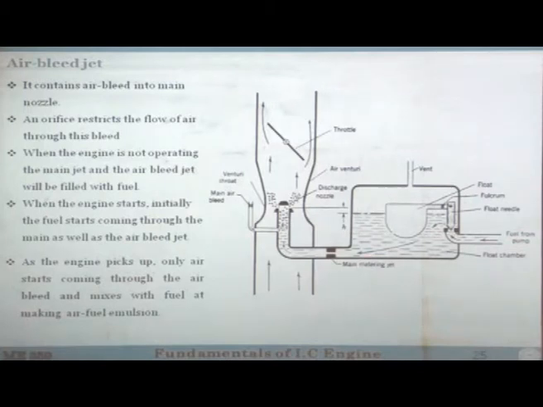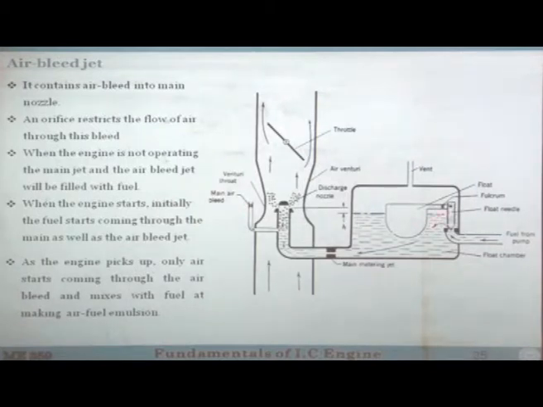The main air bleed contains air bleed into the main nozzle. It is basically an orifice that restricts the flow of air through this bleed, so a very low amount of air can flow in through here.